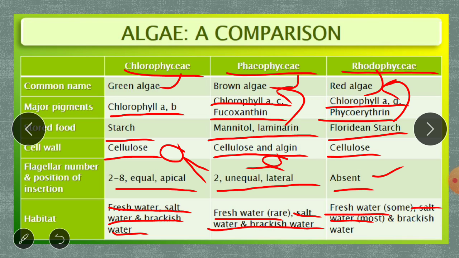Keep it simple, and if you are not able to understand anything, at least try to learn this table by heart, so that if a question of difference or a 1 mark question is asked, by just looking at this table you are able to answer the questions. Especially the type of pigments, the food stored, the flagella, all these simple things, 2 to 3 points at least you remember. So this is going to be about the higher algae.